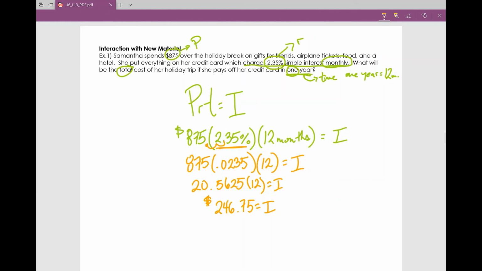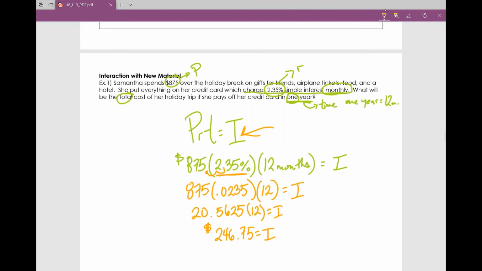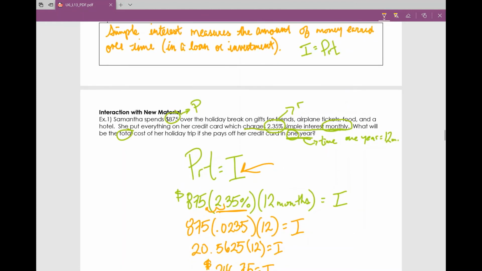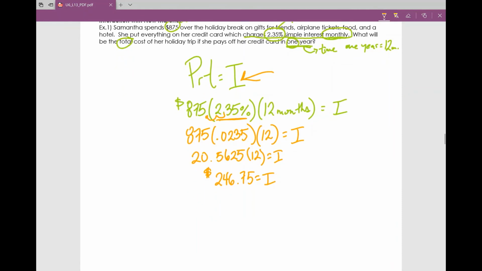Does it answer the question? It says, what will be the total cost of her holiday trip if she pays off her credit card in 1 year? This is just our interest. So what do we have to do with the interest? Our key points say it's something that's earned over time. So we actually have to add it to what she already spent.